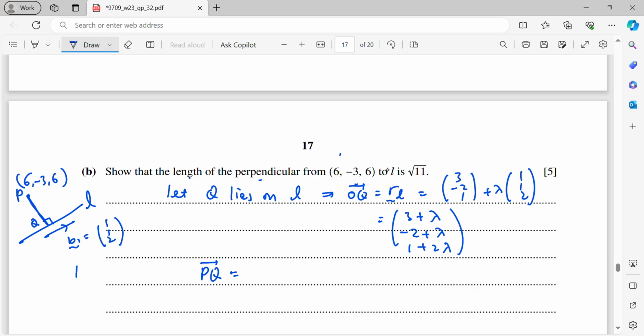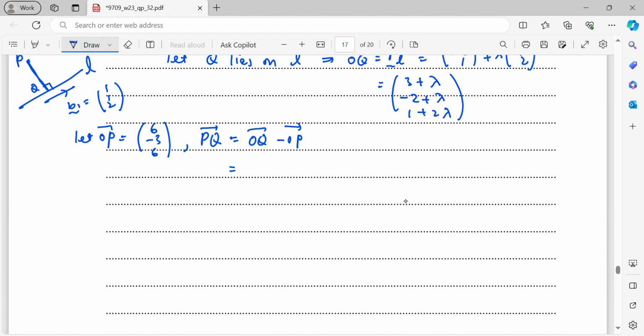Okay, I will let my OP be (6, negative 3, 6). Convert the point form to the vector form. Then PQ is OQ minus OP. So this is going to be (3 plus lambda, negative 2 plus lambda, 1 plus 2 lambda) minus the OP, which is (6, negative 3, 6).